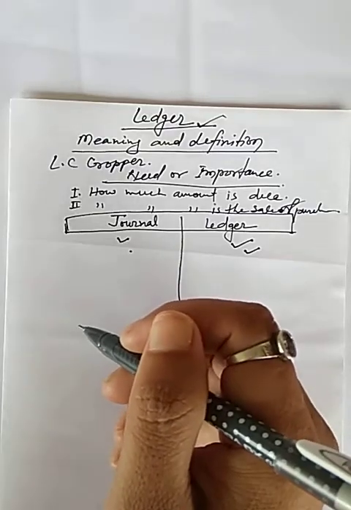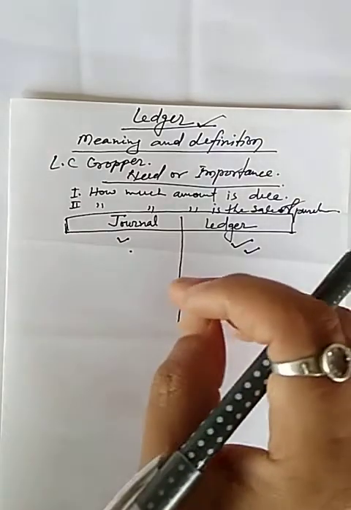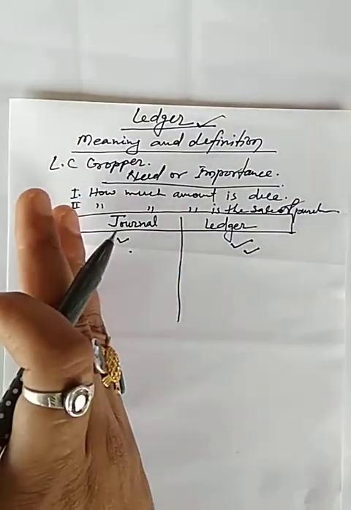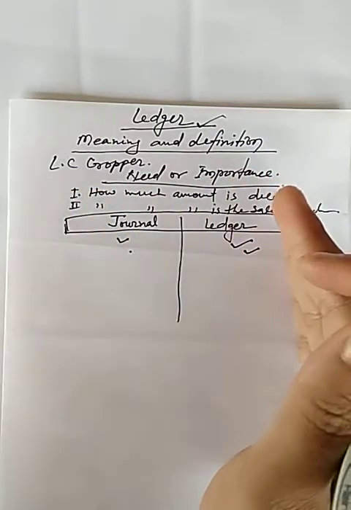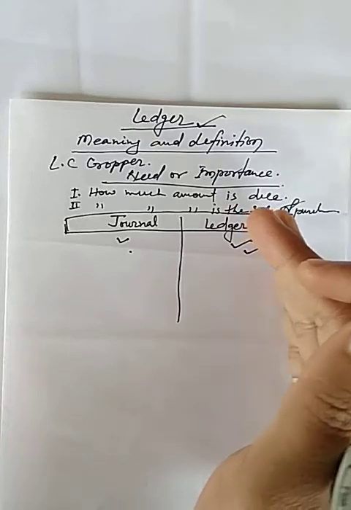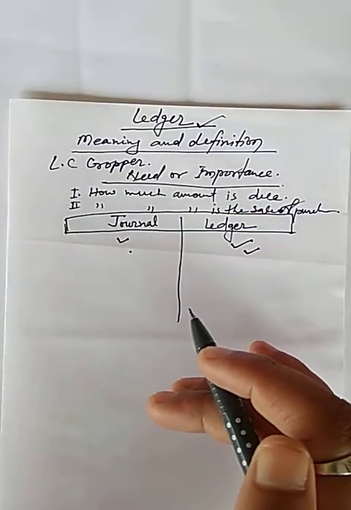Each ledger account is divided into two equal parts. The left hand side is known as the debit side and the right hand side as the credit side. So let us see the format of ledger account.